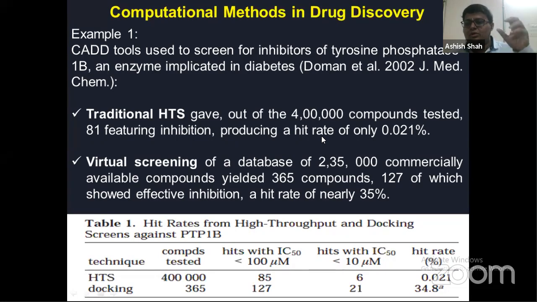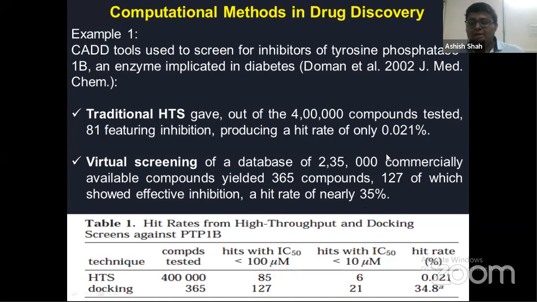So without investing cost, the computer told you to go for just 365 out of 2,35,000 compounds and see the results. Out of 365, 127 have an IC50 value less than 100 micromolar. So you are getting potent compounds, and your chance of success is about 35%.